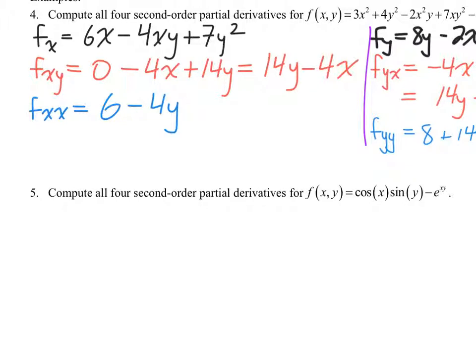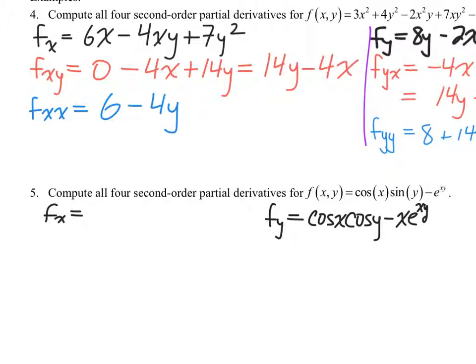All right, so we figured out one of the partials here on the previous page. I kind of regret not stacking them up differently, but whatever. It was cosine x cosine y minus x e to the power of xy. Yep.